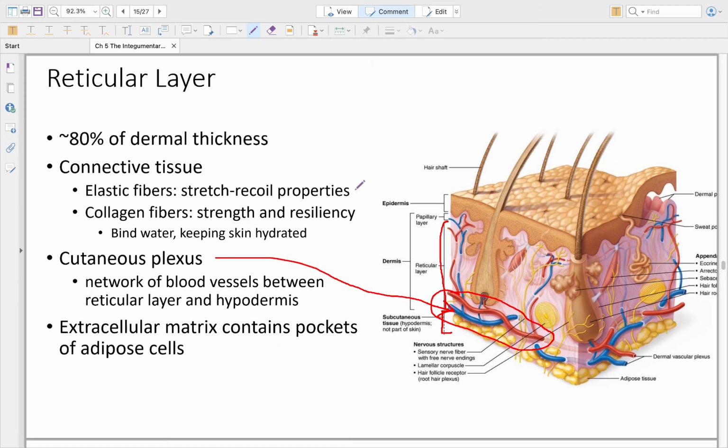Okay, and then at the very, very bottom of all of it are these little fat cells, adipose tissue, which provides insulation. It absorbs shock and retains heat when necessary.